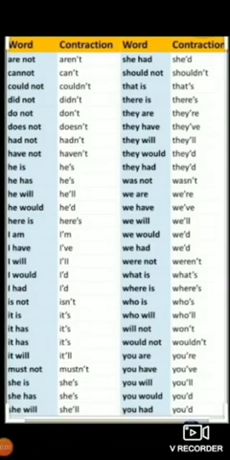Here are some common contractions given. Let's see how apostrophe is used here properly.